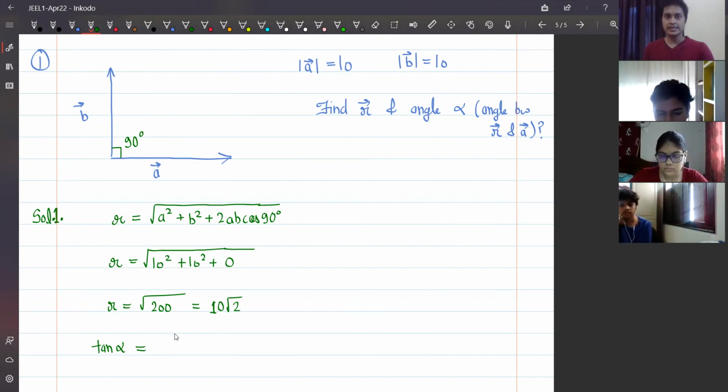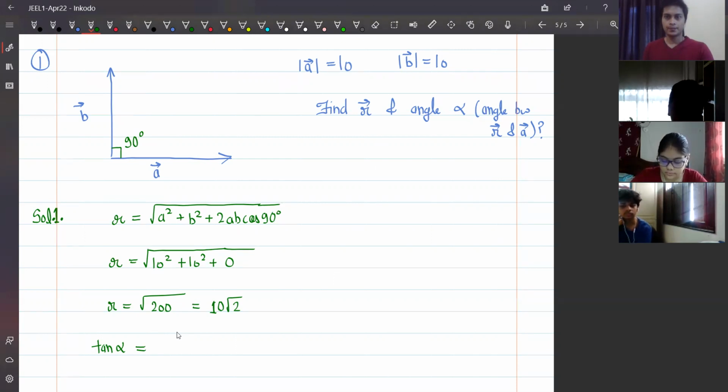It is B sine theta. B sine theta, that will be 10 sine 90, divided by A plus B cos 90.